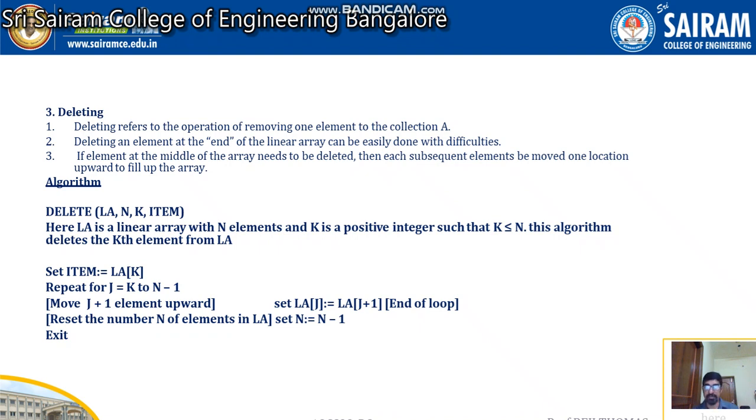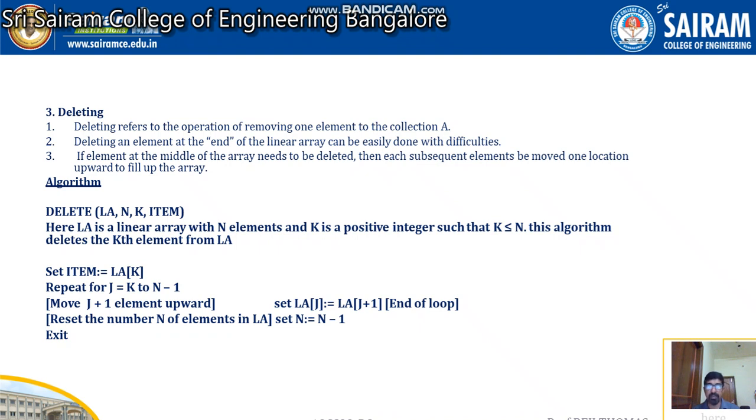Once j reaches n minus 1, you decrease the number of elements in the array LA by 1, so n is equal to n minus 1. You have done it successfully. So I repeat, the algorithm name is DELETE, which takes 4 parameters.